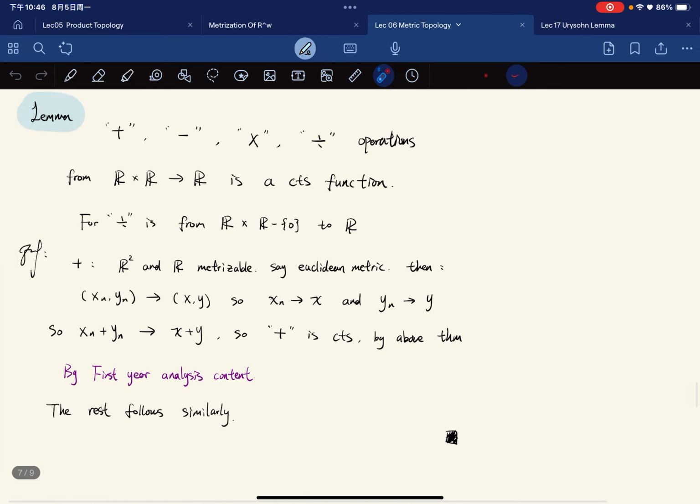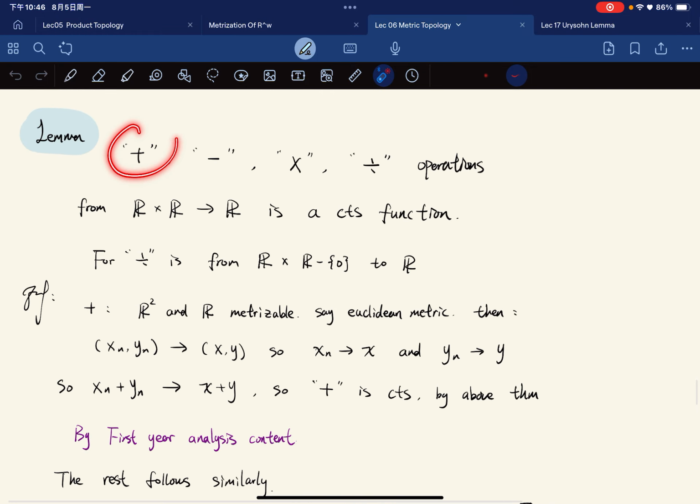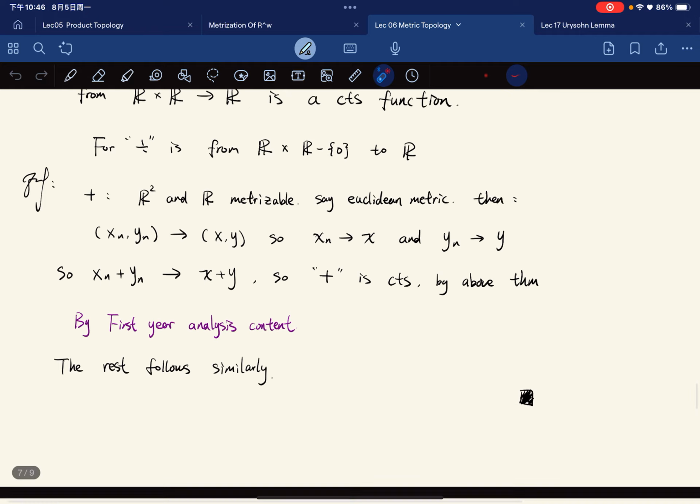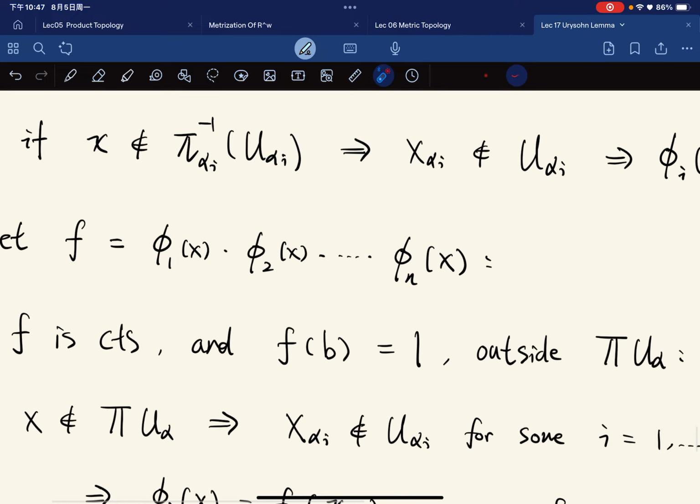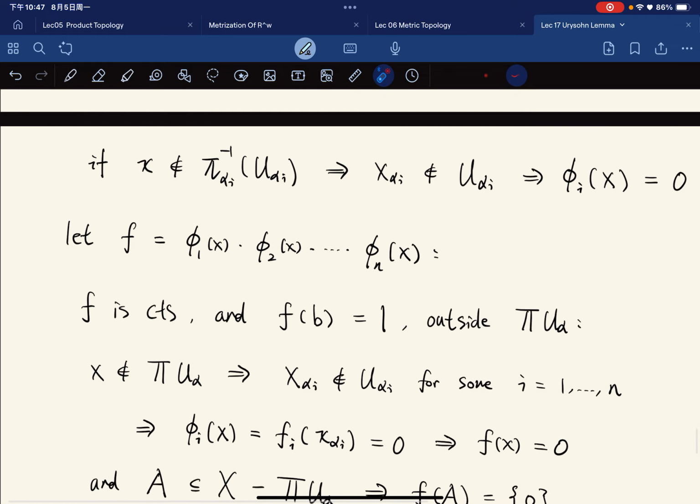There we saw that if your codomain is the real numbers, then the sum and the product of continuous functions are continuous. So here we have a product of continuous functions, which is again continuous.